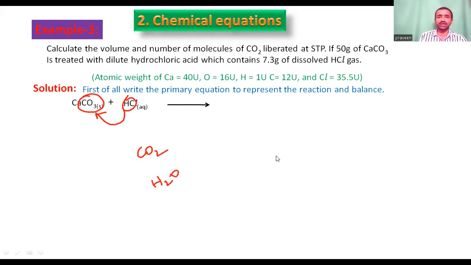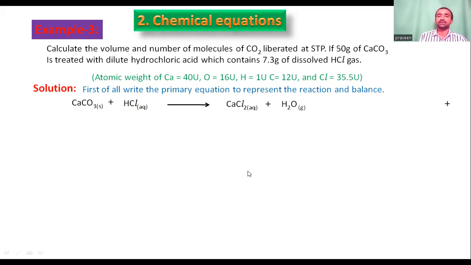So the products are CaCl2, water, and one more, carbon dioxide. There is a mistake in my typing. Here water is actually liquid. It is a precipitate or aqueous solution you will get.